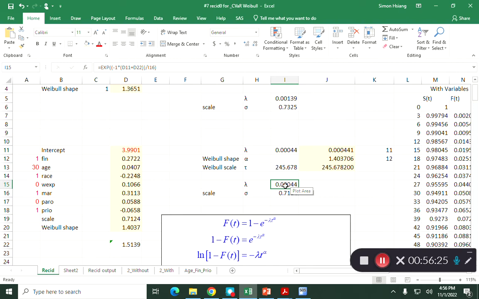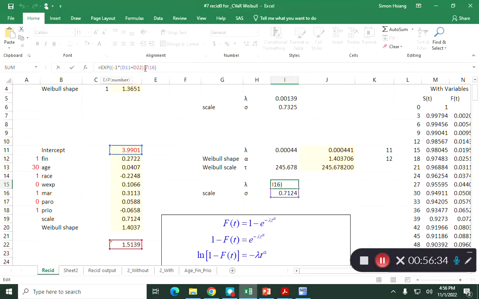let me ignore that one first. This is here. Okay. Look at here. What did I put in there? First, I have a beta 0, right? Right? And what is this 1.51?